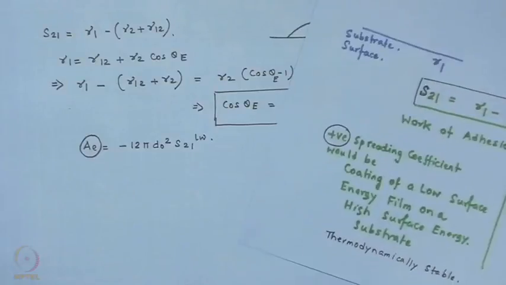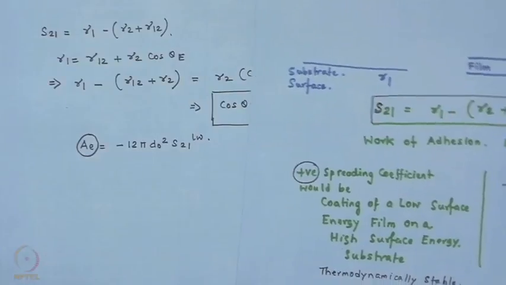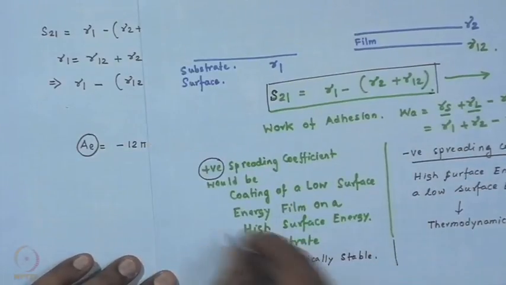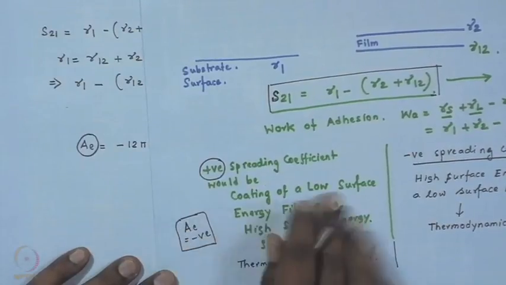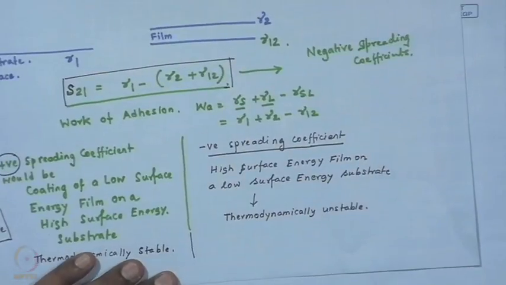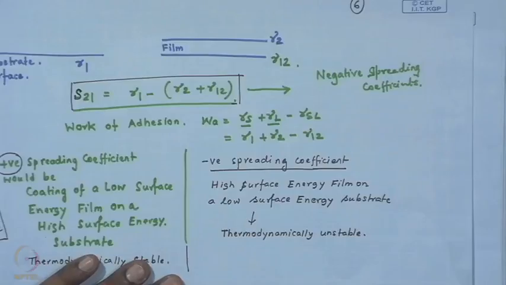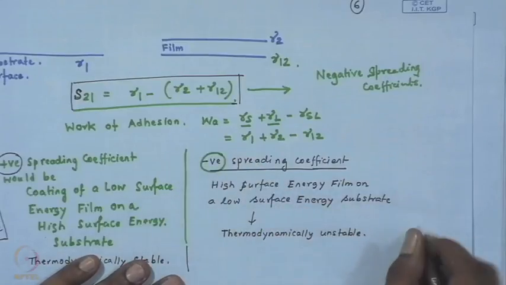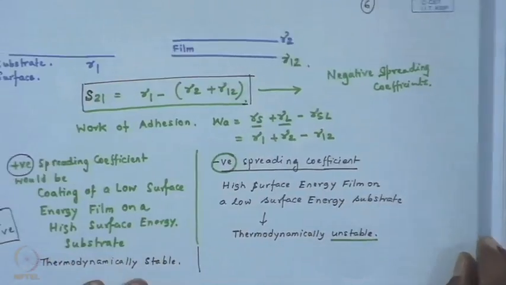So, if the entire spreading coefficient is contributed by van der Waals forces, it implies that the necessary condition for a stable film is that the effective Hamaker constant for the system has to be negative. In contrast, we have seen that based on basic thermodynamic consideration, a negative value of spreading coefficient is likely to result in a thermodynamically unstable film.